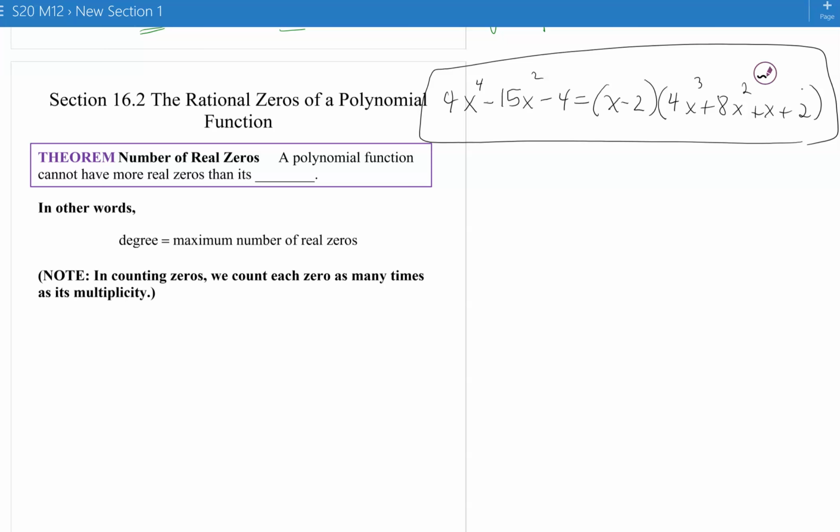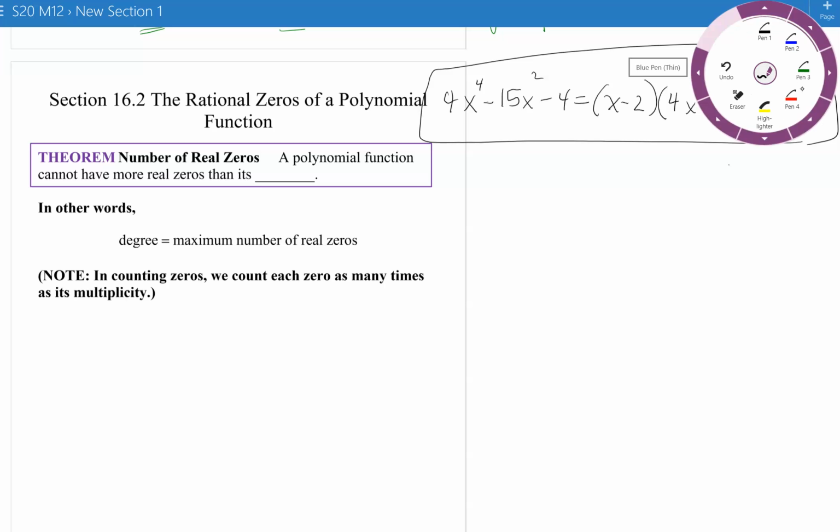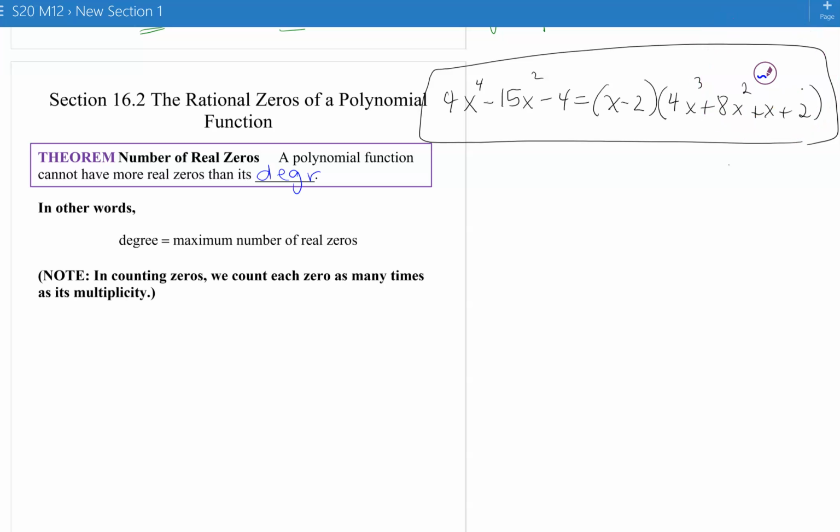Okay, so the number of real zeros, if we have a polynomial function, it can't have more real zeros than its degree. So that tells you how many to possibly look for. If you have degree 5 and you find 5 zeros, then you should stop because you have found them all. And when we're counting zeros, we count each zero as many times as its multiplicity.